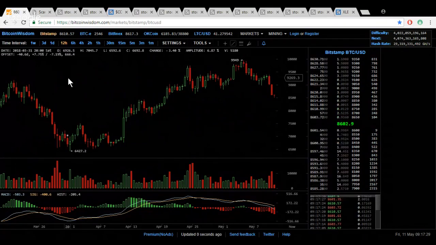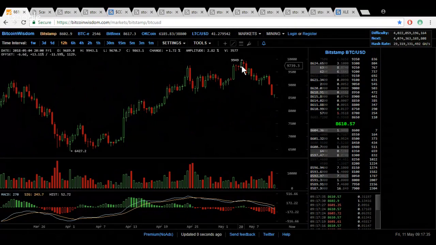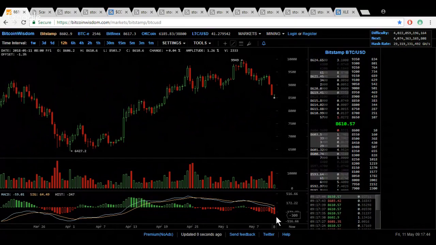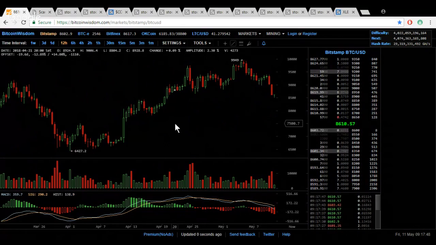The 12-hour has been negative for some time, even before we got up to that 99 high. During that period, it went slightly positive for a short period of time, and now is accelerating to the downside, and the histogram is getting larger and larger to the downside. I will now take that one off.